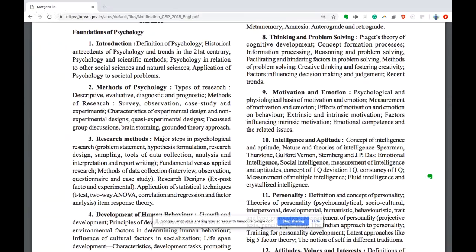But I have covered all these. I remember I have covered quasi-experimental designs, grounded theory approach, brainstorming, focus group discussions, ANOVA, correlation, regression, factor analysis, item response theory, everything. So yeah, basically I won't be covering these 2 chapters.